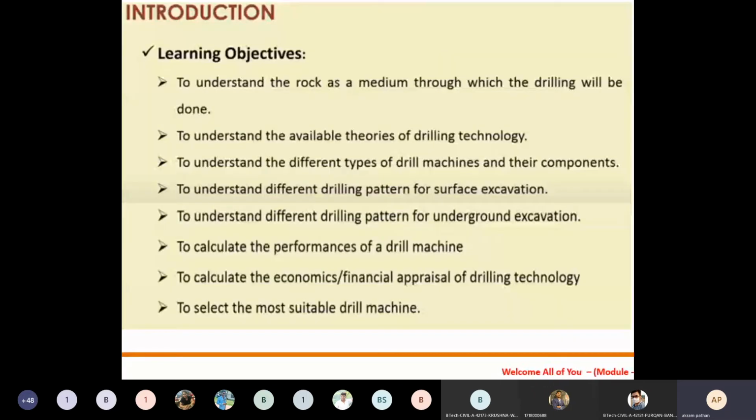This drilling and blasting technology is used in mining also, right? Why will mining be there? Because we require material for the purpose of subgrade.